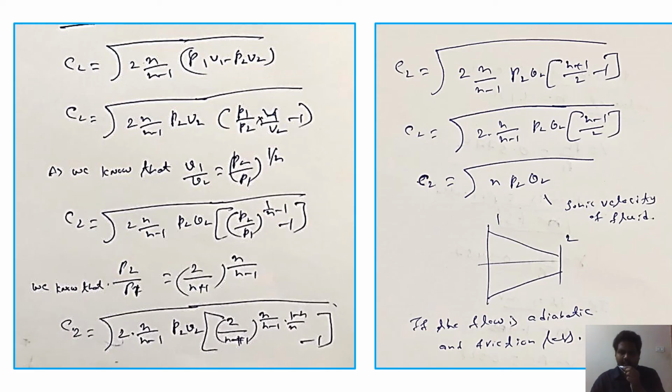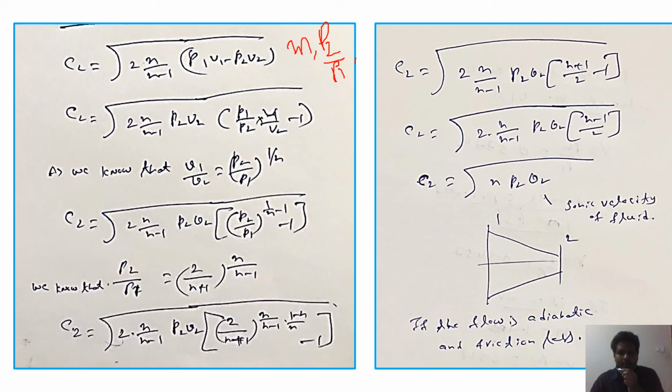So far we have discussed mass flow rate, we derived the equation for mass flow rate and the pressure ratio P2 by P1, and also the pressure ratios for saturated steam, superheated steam and air, and we have also discussed the critical pressure ratio.